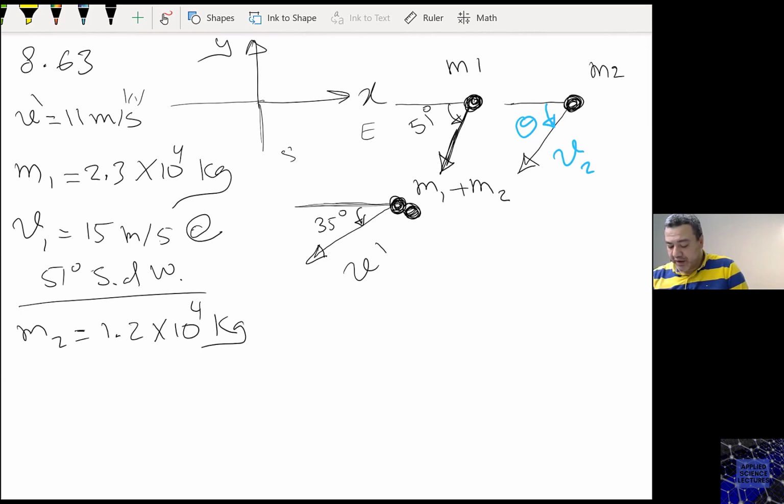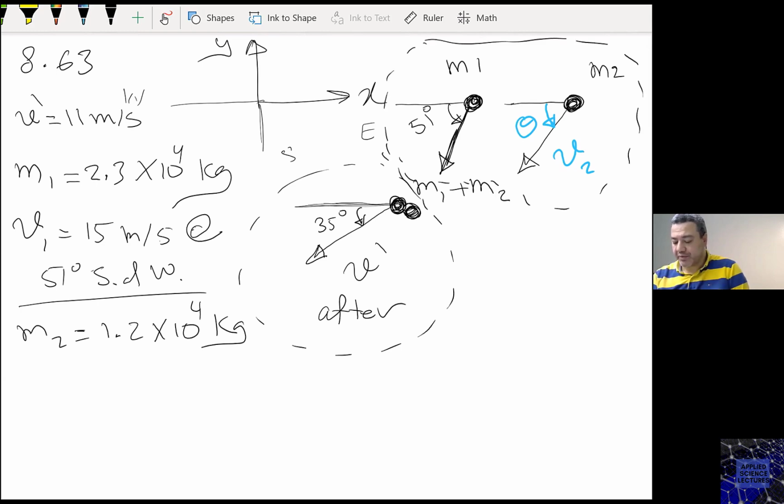Before I do this, let me just say that this is the after, and this is the before.